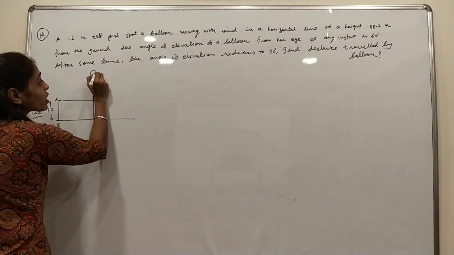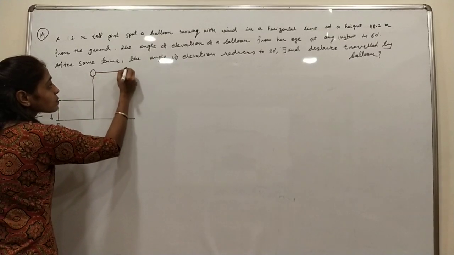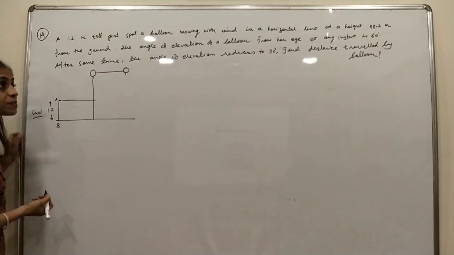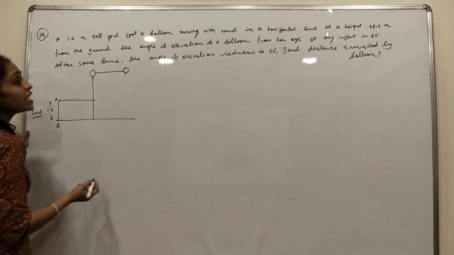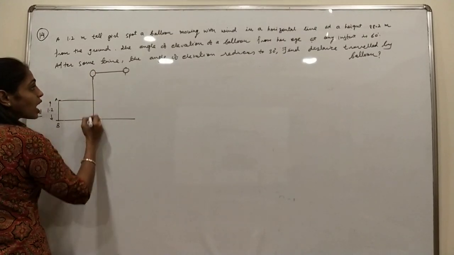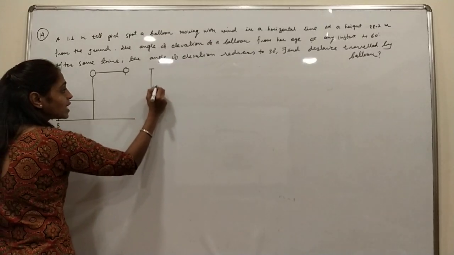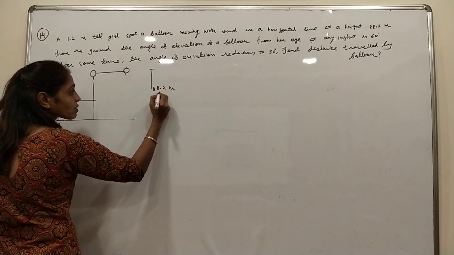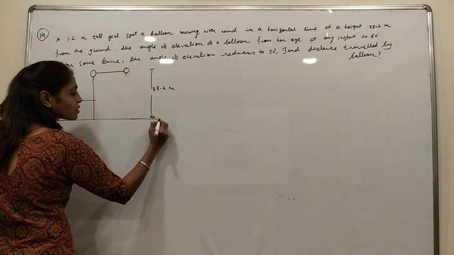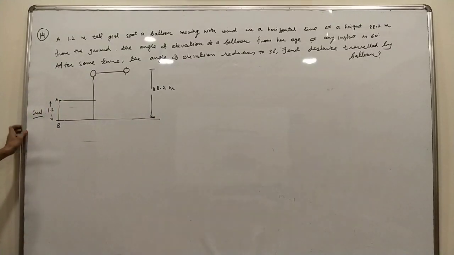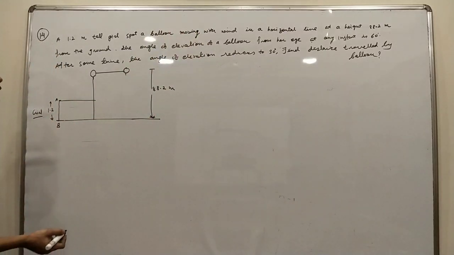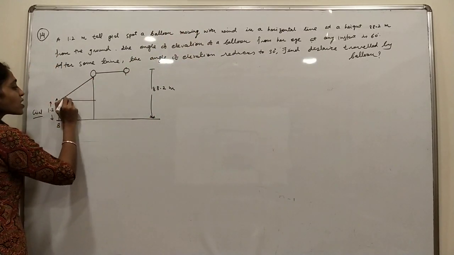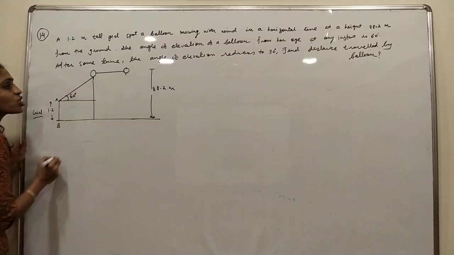This balloon is moving in a horizontal line, right? At a height of 88.2 meter. The height of the balloon from the ground is given as 88.2 meter. The angle of elevation of the balloon from her eye at the first instant is 60 degree.